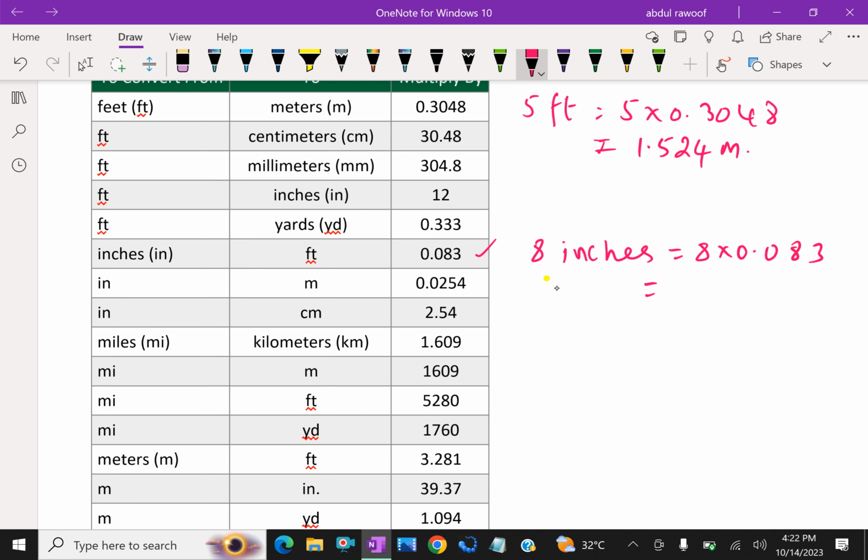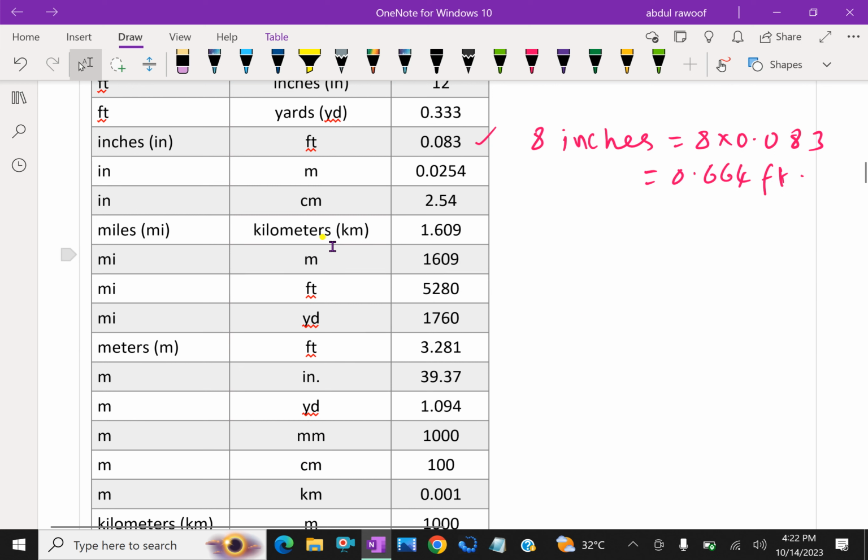Let us calculate this: 8 into 0.083 gives 0.664 feet. That is, 8 inches is 0.664 feet.